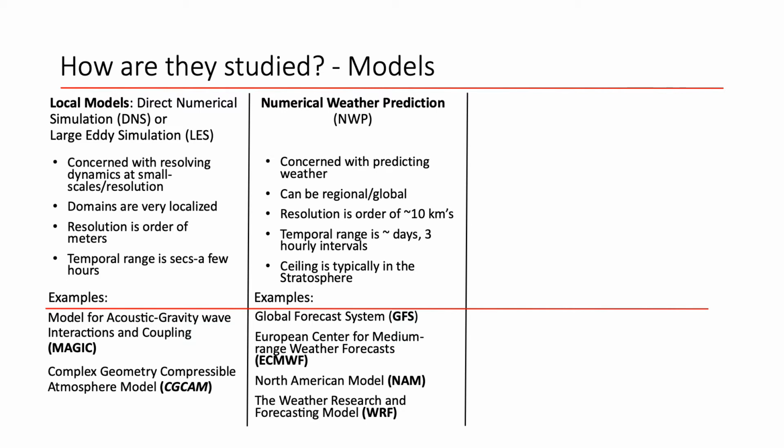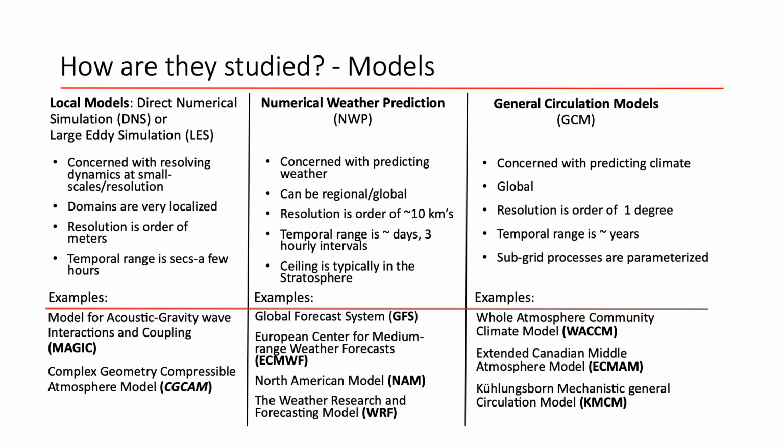The third class is a general circulation model. This is a large-scale global model concerned with predicting climate. The resolution of these is much lower, so they are typically an order of a degree, and their temporal range is years. So in these models, gravity waves are almost exclusively parameterized, and these parameterizations are incredibly simplified.